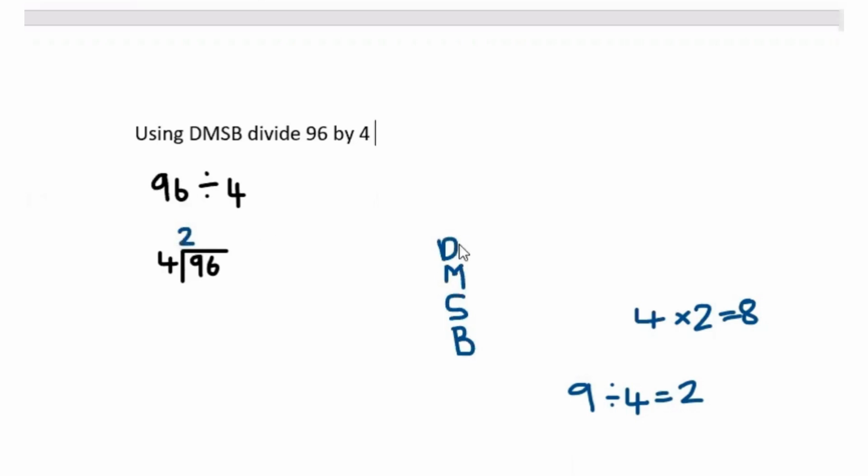Okay, so remember we've completed the division step. Now we're completing the multiplication step. So multiplying 4 by 2. Okay, and what is 4 multiplied by 2? We've just done that now, and we found the answer to be 8. Okay, so 4 multiplied by 2 is 8.